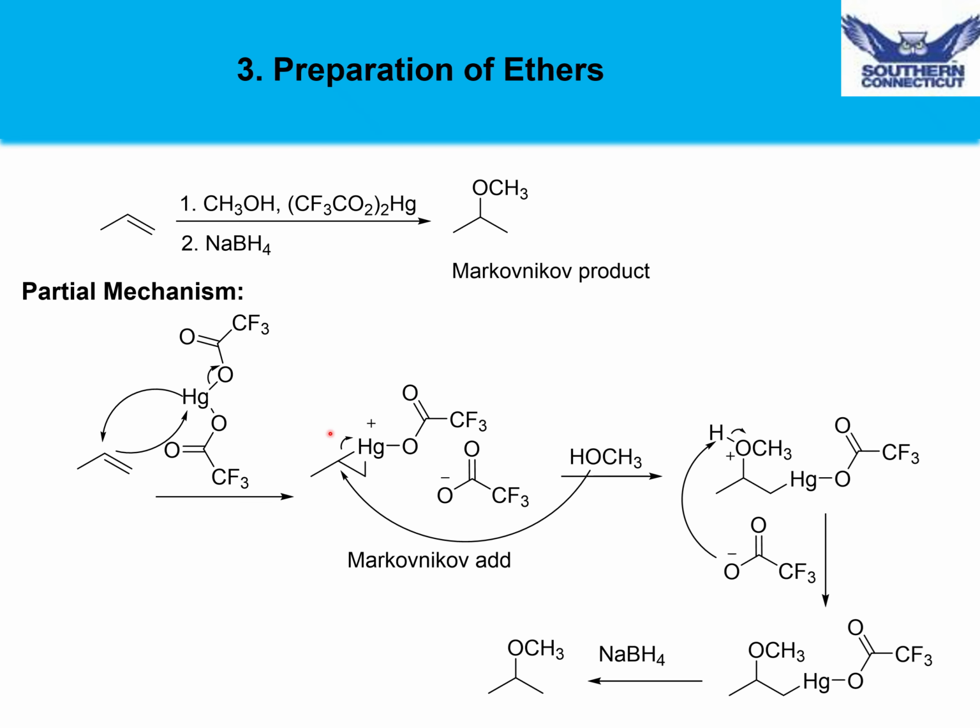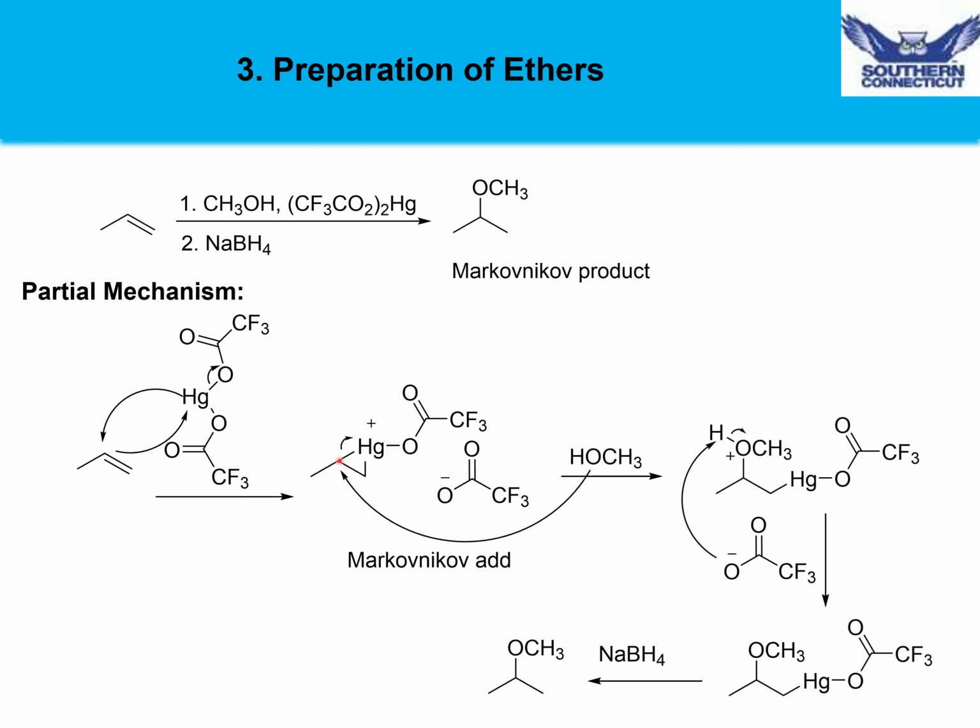This produces a mercurium ion. Notice we have seen this before. So this is a 3-member ring with mercury as part of the ring, and mercury has a positive charge. It's a very electrophilic ring, so methanol, which is not the best nucleophile, will attack one of these 2 carbons. Usually it attacks the more substituted carbon.